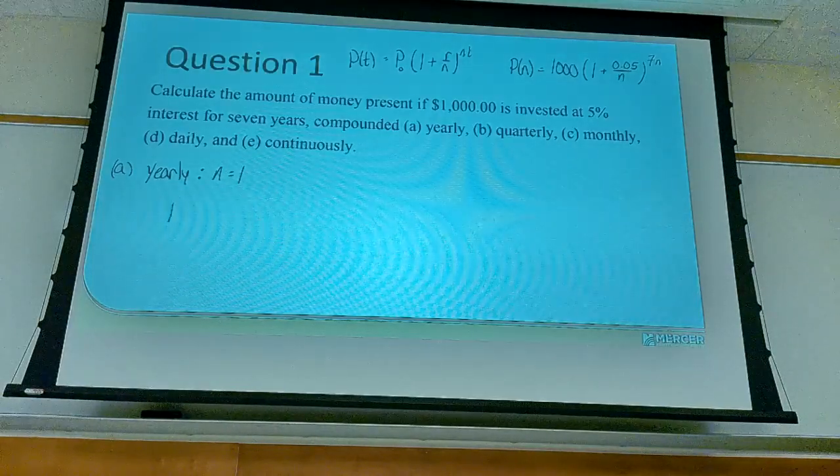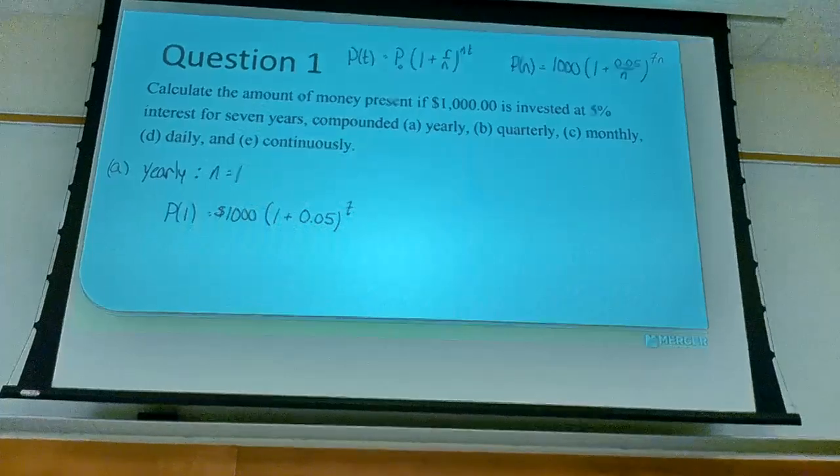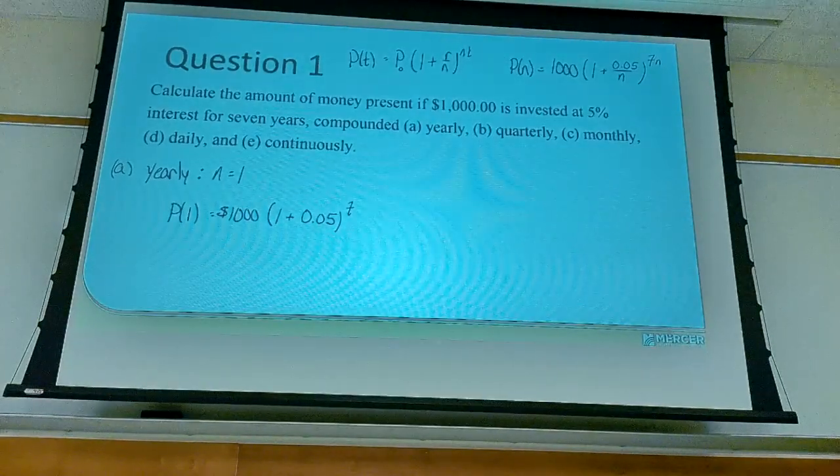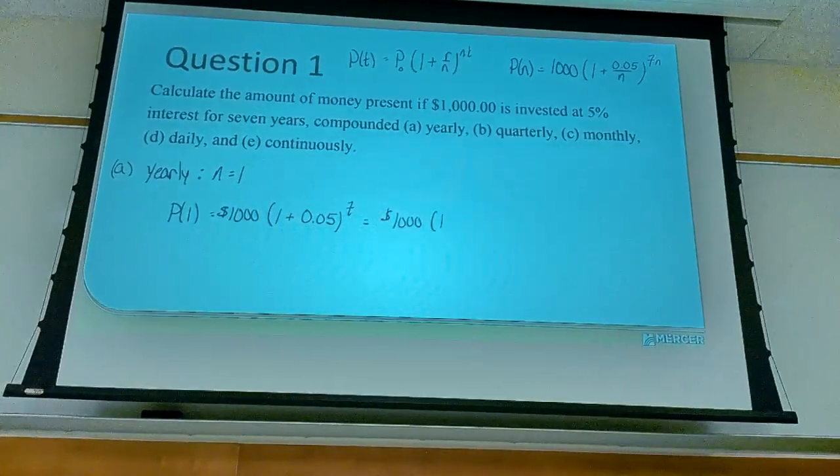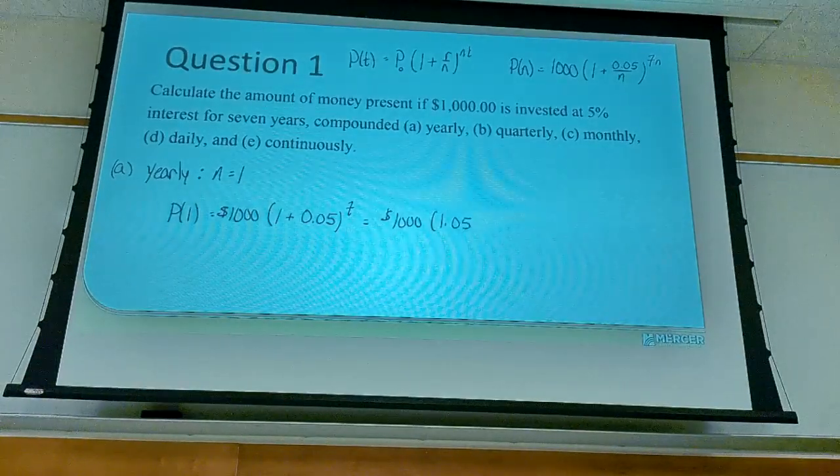That means what we're calculating is P of 1. We get 1 plus just 0.05, all raised to the 7th power. So $1,000 times 1.05 to the 7th.